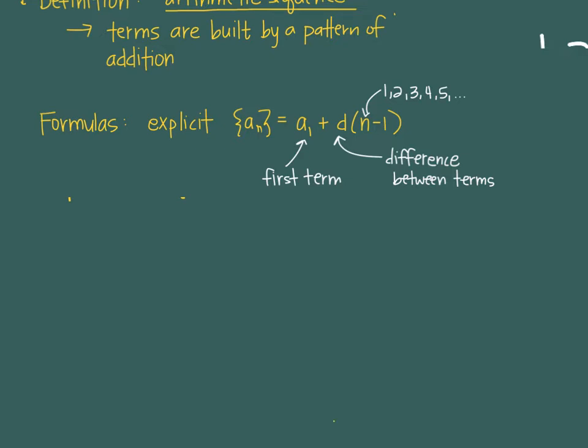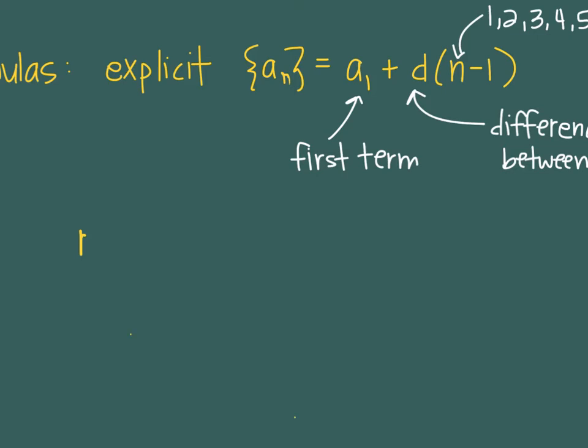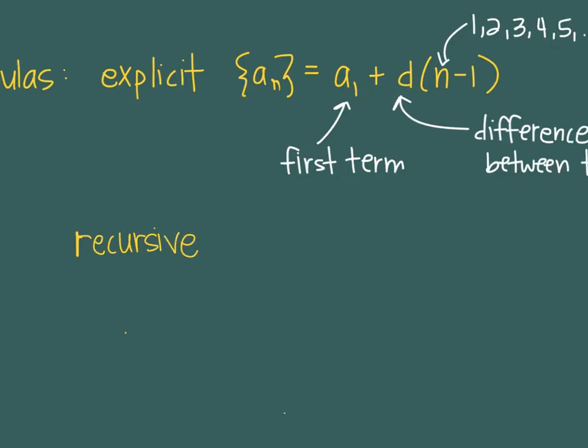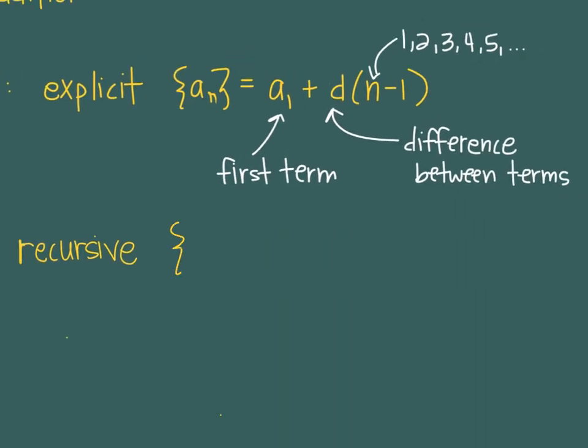There's also something called a recursive sequence. A recursive sequence also is following a pattern of addition, and its formula also starts with a sub 1, excuse me, a, but then a subscript of n minus 1, and then it's just plain old plus d.